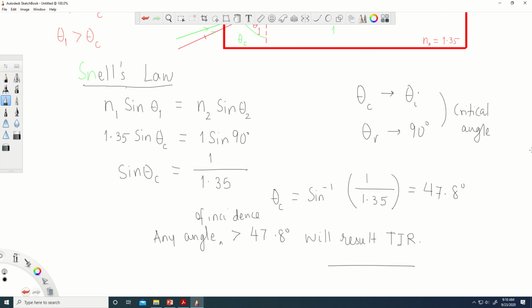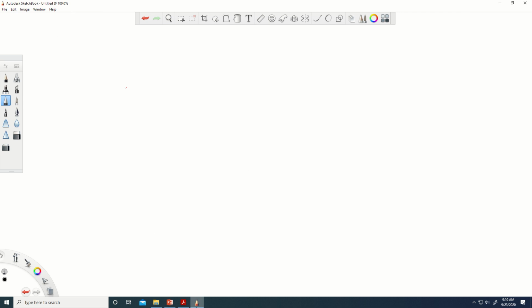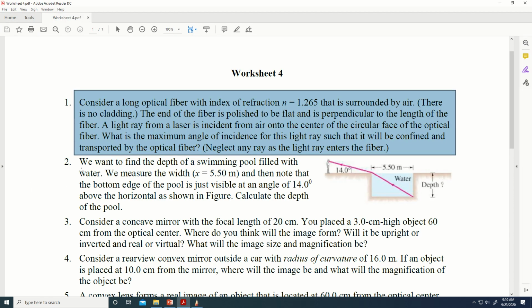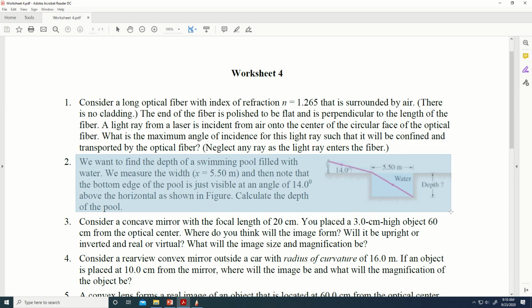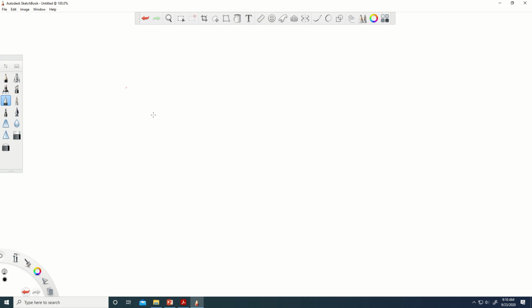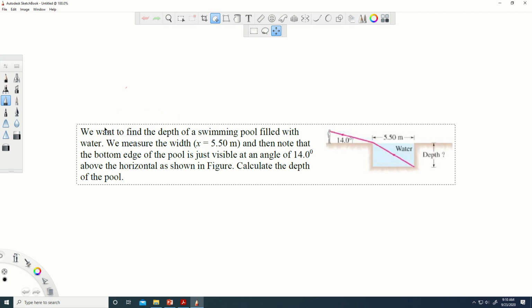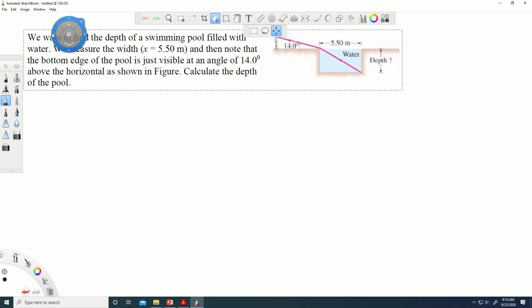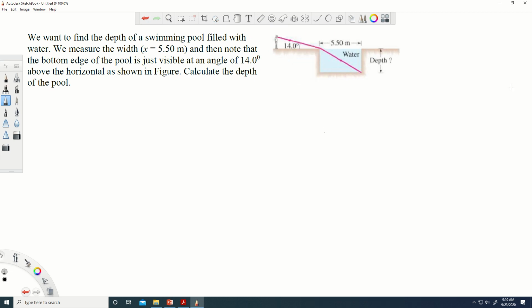Now let's look at number 2. Okay. So in this problem, you are asked to find the depth of the water pool.